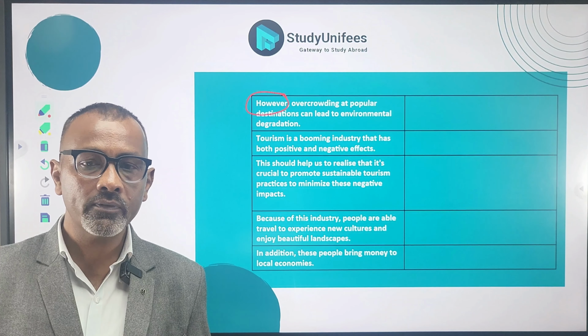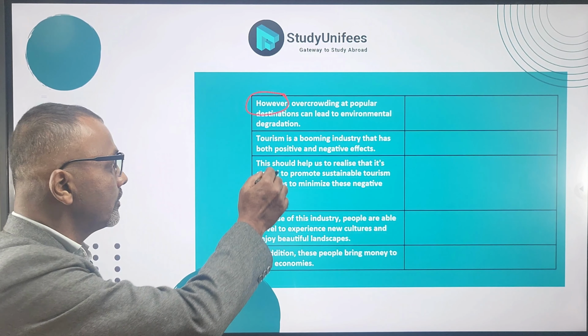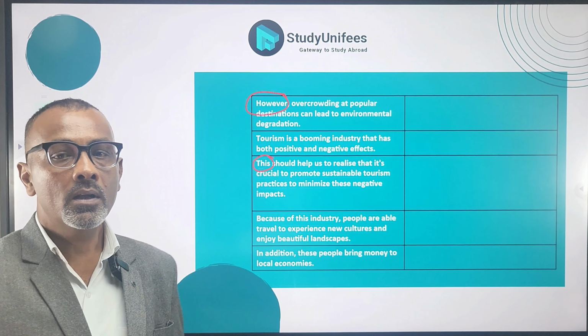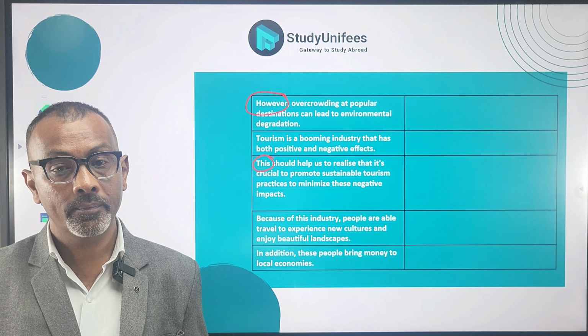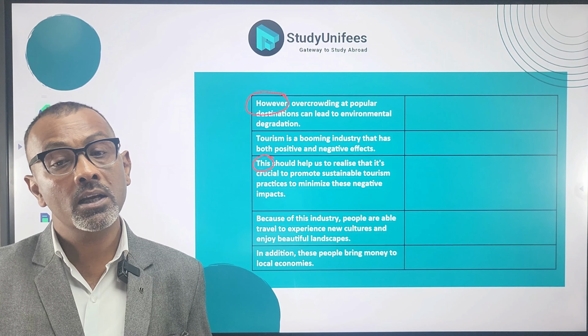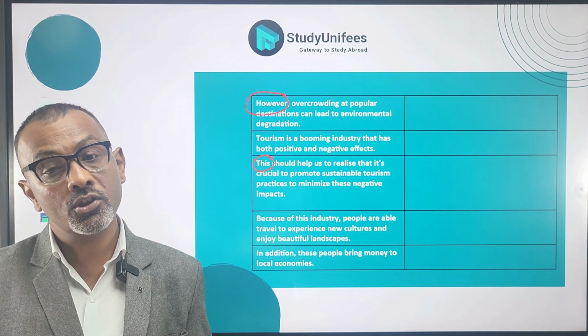Now let's look at the third sentence. This should help us to realize that it's crucial to promote sustainable tourism practices to minimize these negative impacts. This sentence cannot be a good topic sentence because it contains a pronoun. This pronoun refers back to a previous idea. The topic sentence does not have any previous idea.